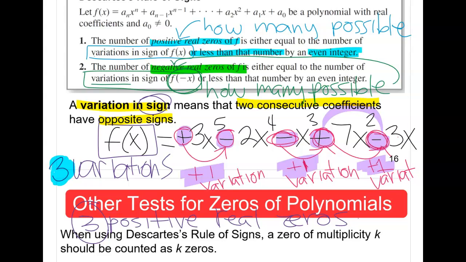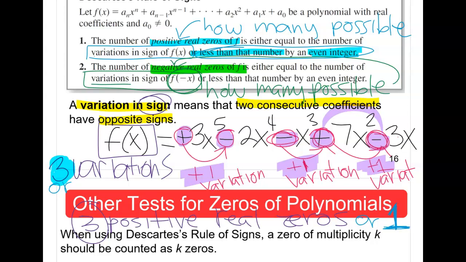Well, 0, and then bigger than 0, that will be a 2. So it could be either 3 or, well, actually, I should put it here, or 3 minus 2 is 1. So that is what this part means, or less. So we subtract an even integer.